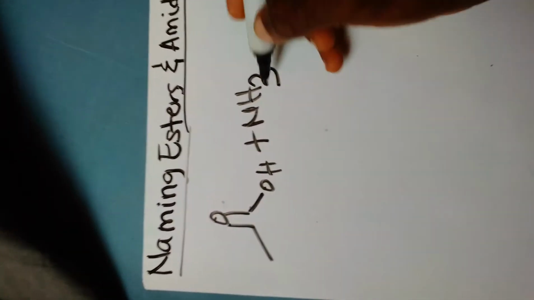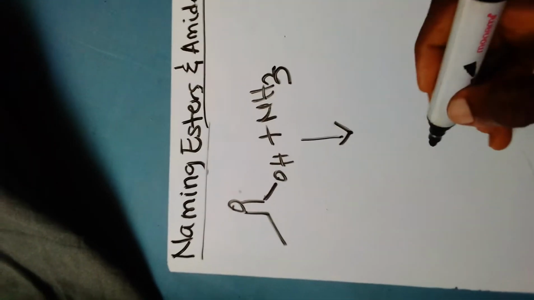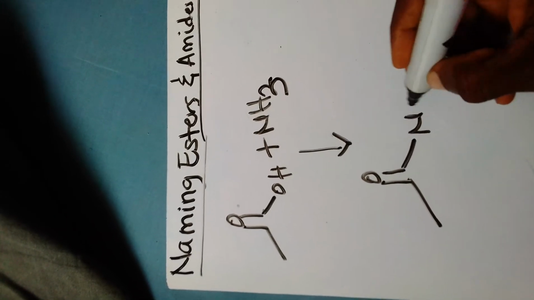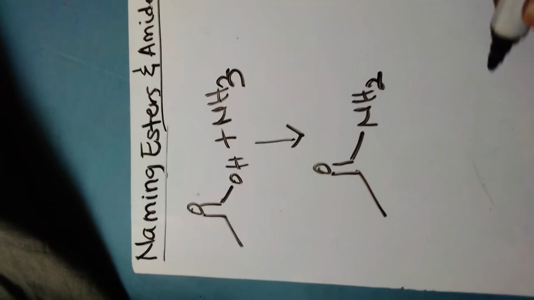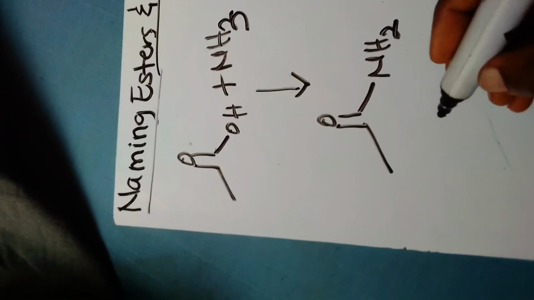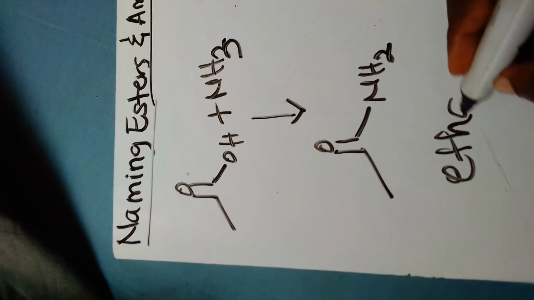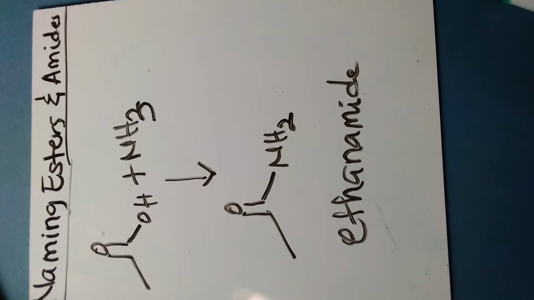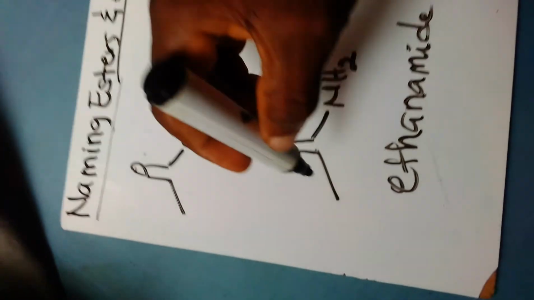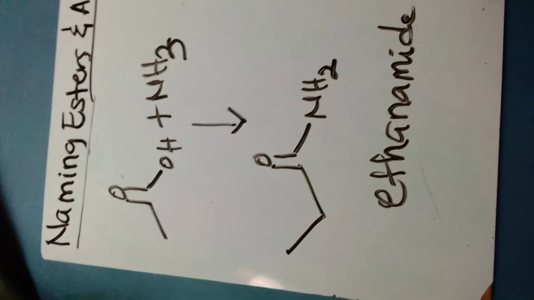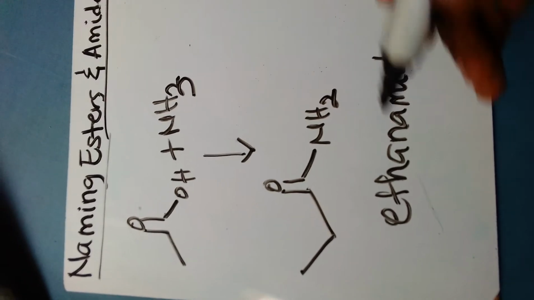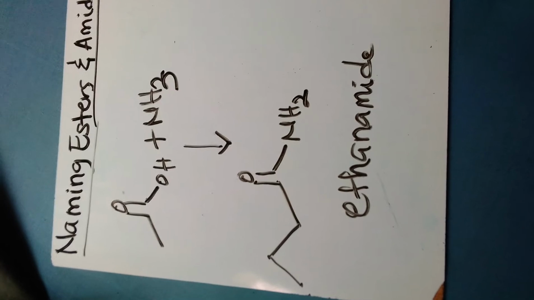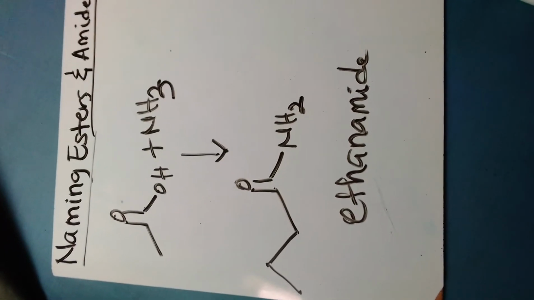Here too there is displacement of one hydrogen, and you're going to produce an amide. This one is called ethanamide. If it is like this, it is propanamide. If it is like this, it is butanamide. That's how amides are generally named.